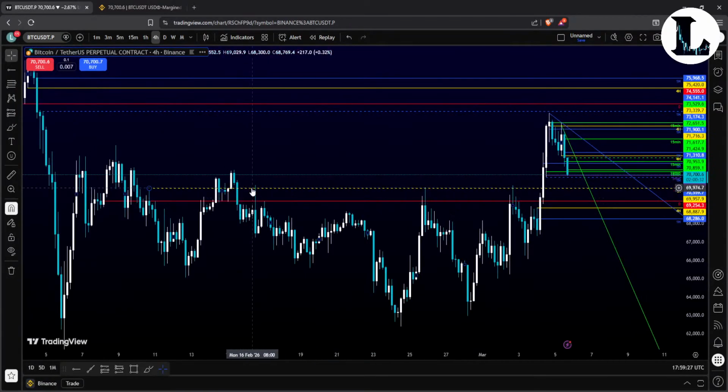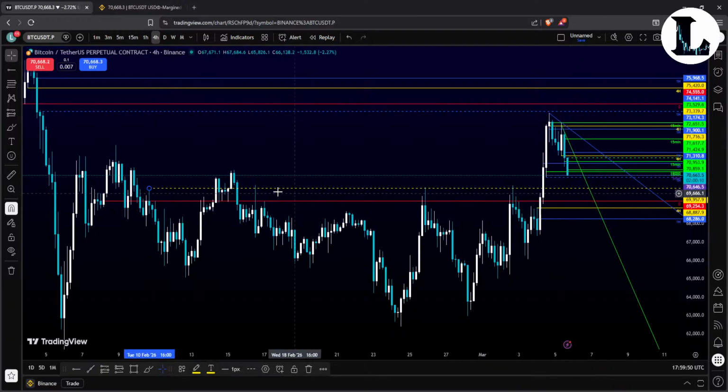We have a big rejection and we keep moving down in this case, or we have a big breakup. So really simple. Okay, and in the future this might turn into a good support. Okay, previous big resistance turning into a big support.